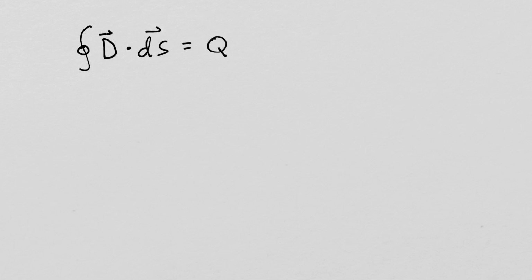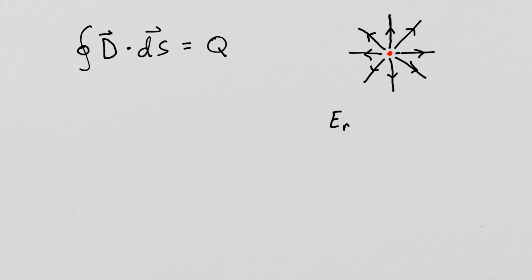A point has spherical symmetry, so a point charge will have an electric field intensity that's only in the radial direction and will only depend on the spherical component r. With point charges in free space, there really is no difference between the electric flux density field and the electric field intensity.